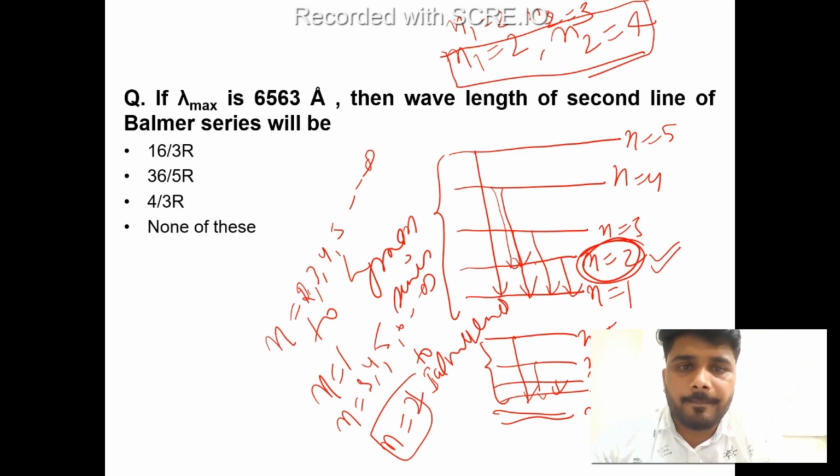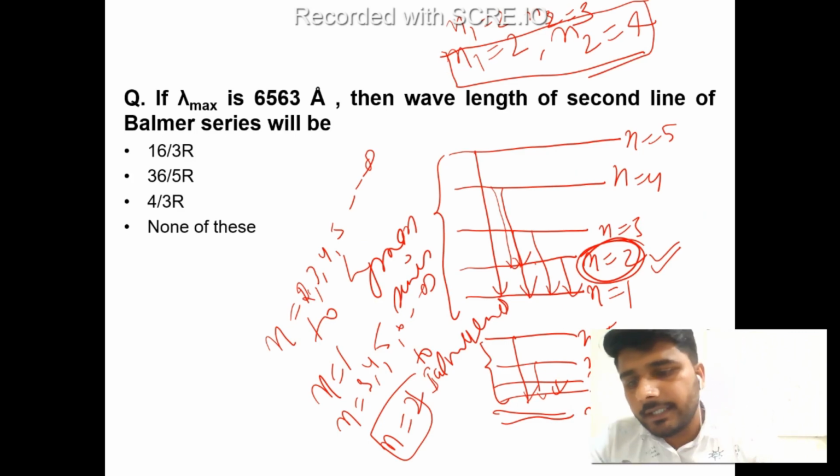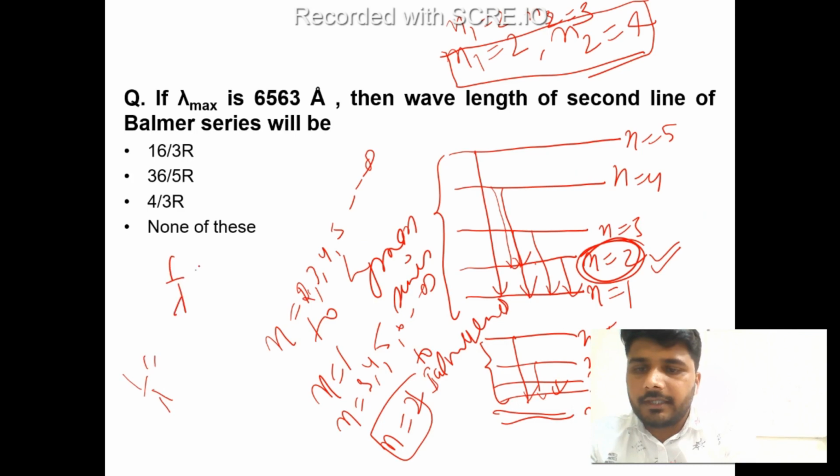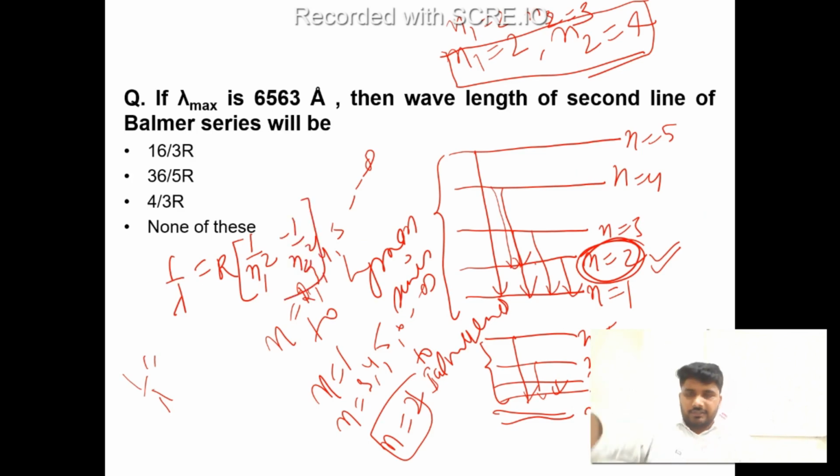So just try. Write the simple formula: 1 upon lambda is equal to R, the Rydberg constant, times (1 upon n1 square minus 1 upon n2 square). Just try these calculations and tell me what answer you are getting, please. R is the Rydberg constant.